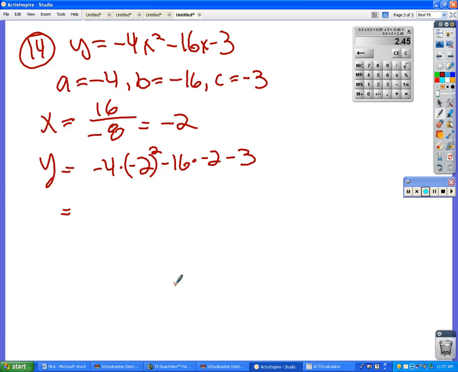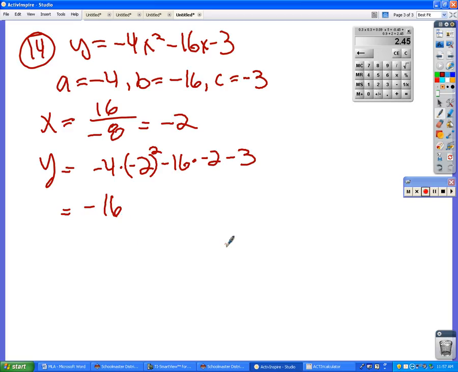So negative 2 squared, Nate, is what? 4, right. And then 4 times negative 4 makes negative 16.